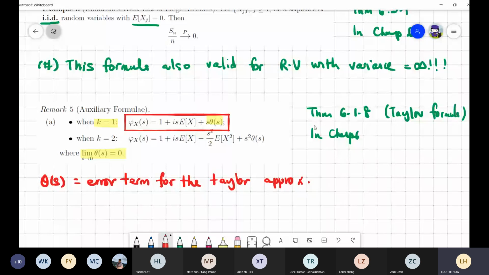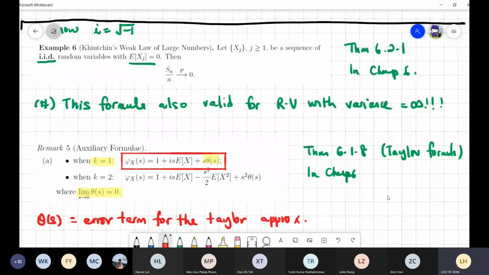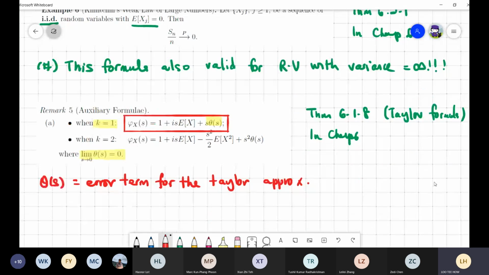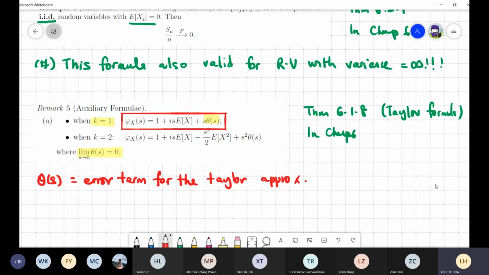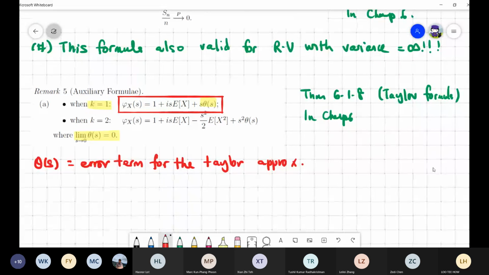Okay, so again, let's look at our statement once again. So here are all the data. Our Xj are all independent, and EXj equals 0, and we want to prove Sn over n converges to 0 in probability. So what we want to prove will be like this. Maybe you can refer back to this table.